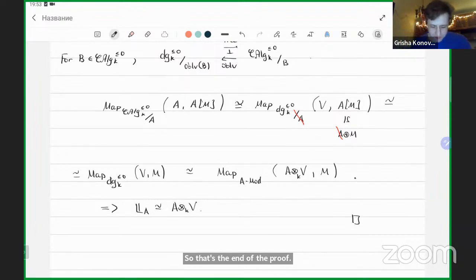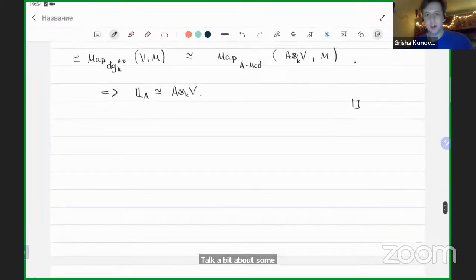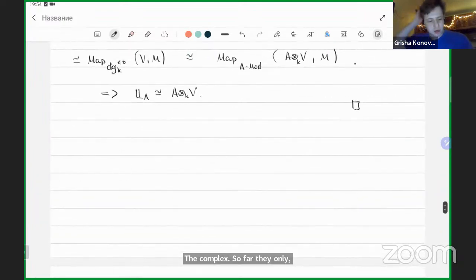With no questions, let me then talk a bit about some functoriality of the cotangent complex. So far, by virtue of that lemma, we only defined the cotangent complex on the full subcategory of the category of algebras generated by free algebras.